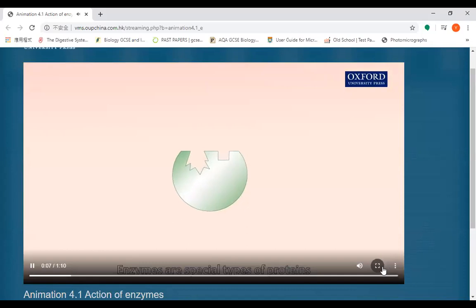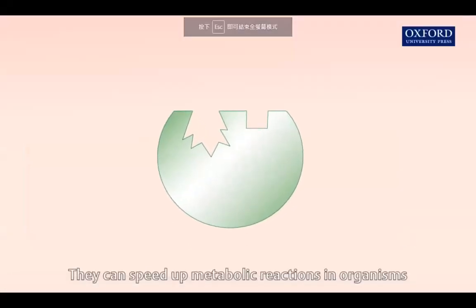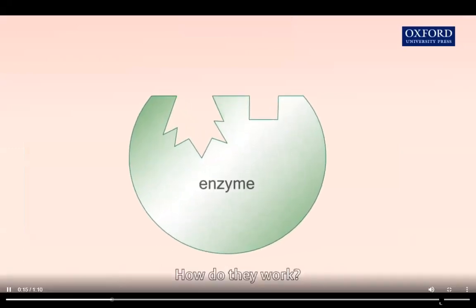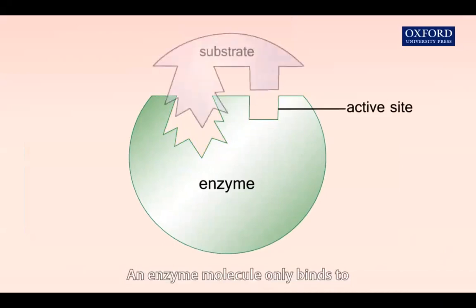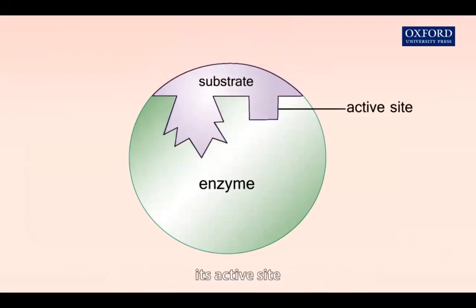Enzymes are special types of proteins. They can speed up metabolic reactions in organisms. How do they work? On each enzyme molecule, there is an active site. The active site has a specific shape. An enzyme molecule only binds to substrate molecules that fit the shape of its active site.